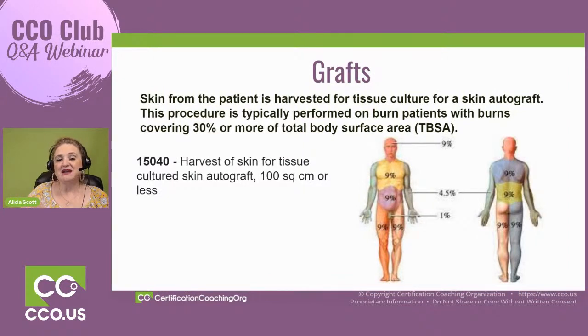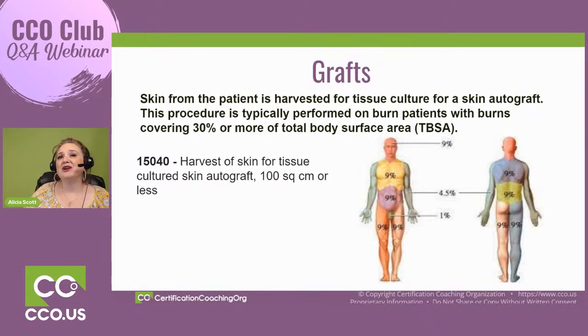Number two, I think of, say, a facial procedure done on somebody that's had a melanoma or a squamous cell carcinoma removed. Because again, even though squamous cell is not malignant, it grows and causes complications and damage. So again, grafts are a lot of times performed with burns and burn patients.